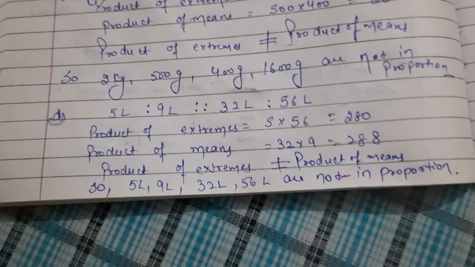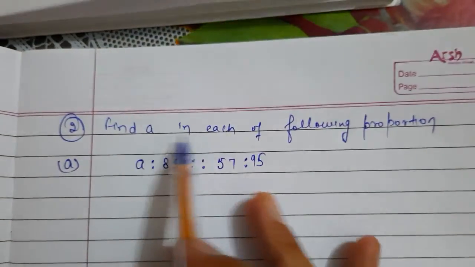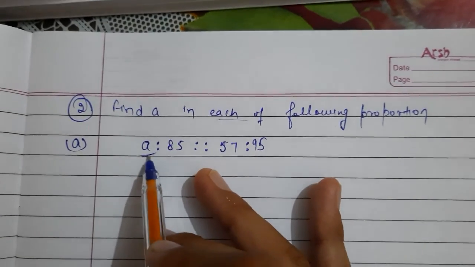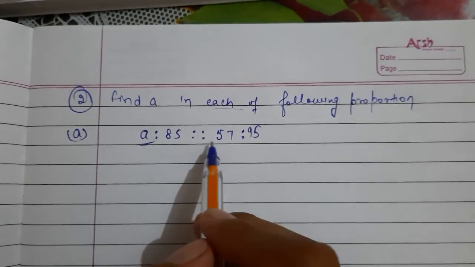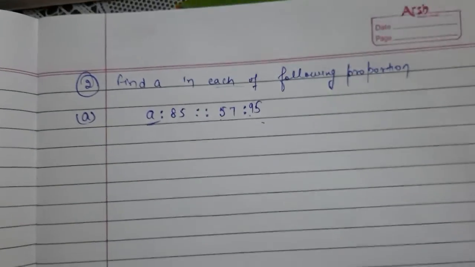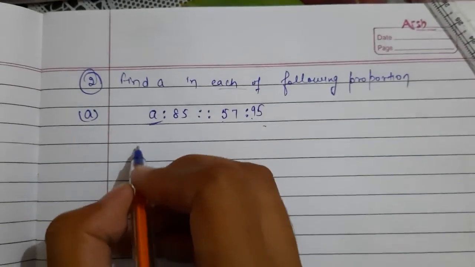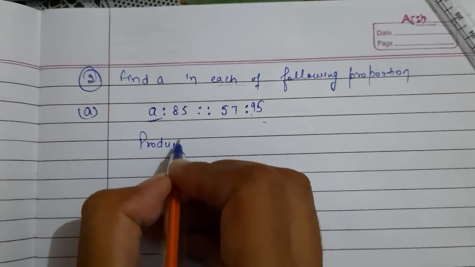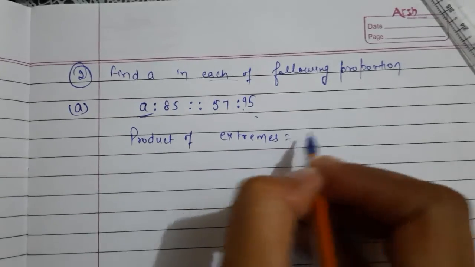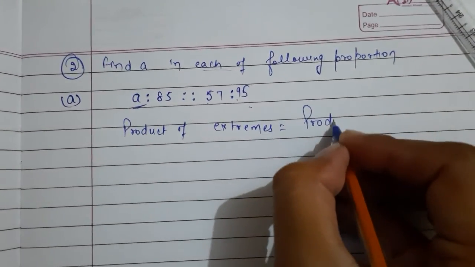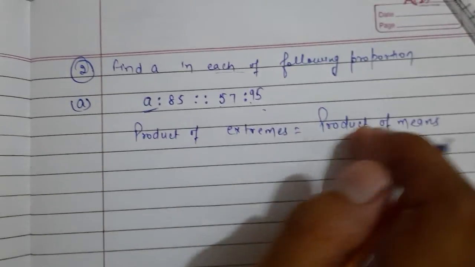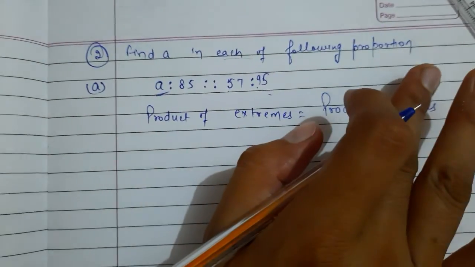Now next, come on to the second question. Second question: find A in each of the following proportions. They said the value of A we have to calculate in each proportion. Now they are already in proportion. If they said already in proportion, it means we know that the product of extremes will be equal to the product of means, because in the first question we said that if the product of extremes and product of means are equal, then they are in proportion.